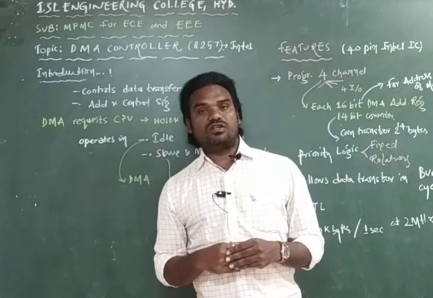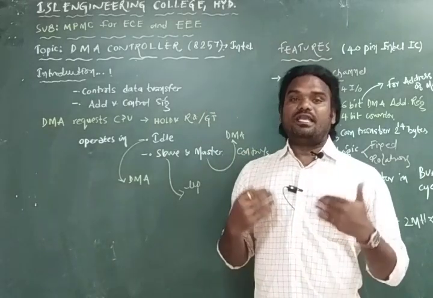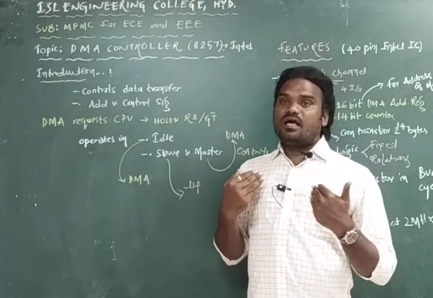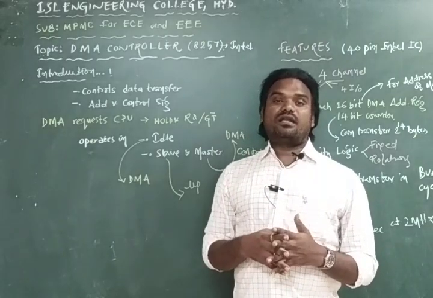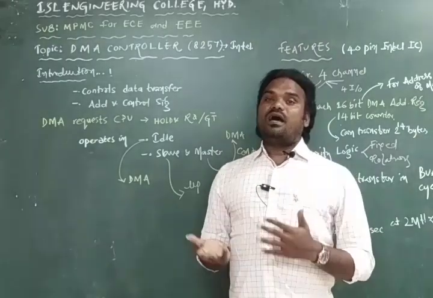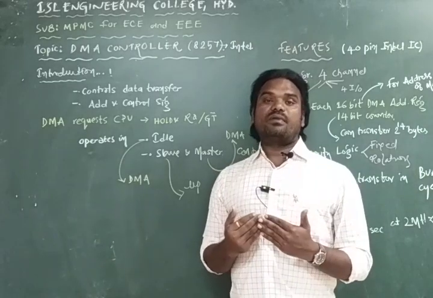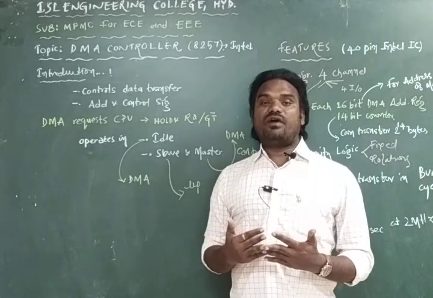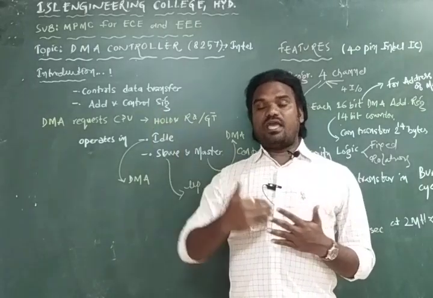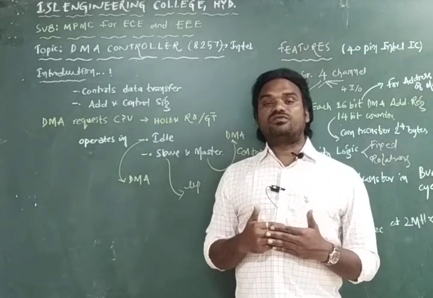What does the system bus involve? The system bus is the control bus, address bus, and data bus, and that will be given to the DMA controller, so that the DMA controller allows the input output devices to access the memory by making use of that data bus.